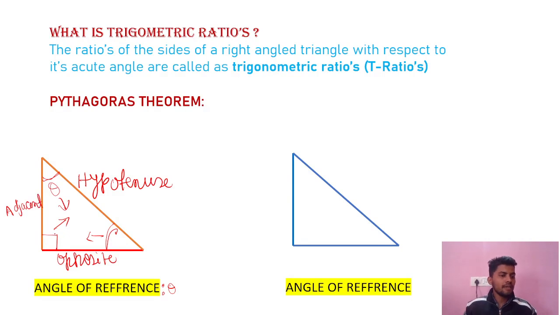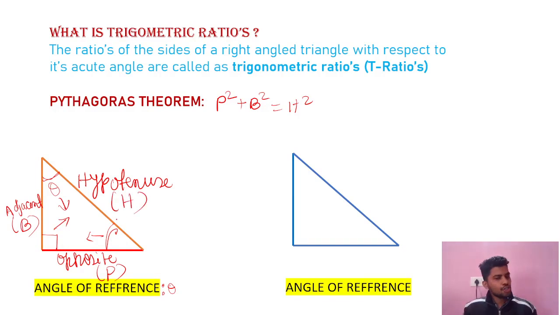So adjacent, opposite and hypotenuse are the side names for the right angle triangle for finding the trigonometric ratios. As we know, Pythagoras theorem is p square plus b square is equal to h square. Now what is p, what is b? Opposite has another name, perpendicular, denoted by p. Adjacent also has another name, base, denoted by b. And hypotenuse is usually denoted by h.